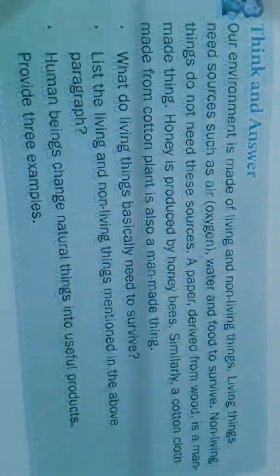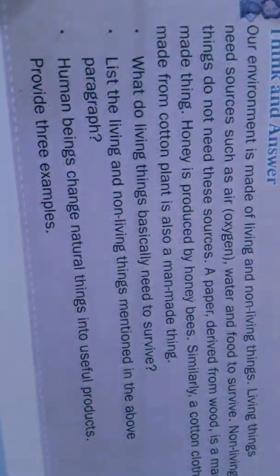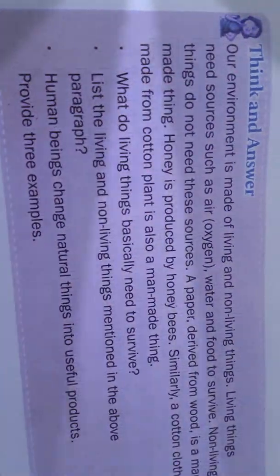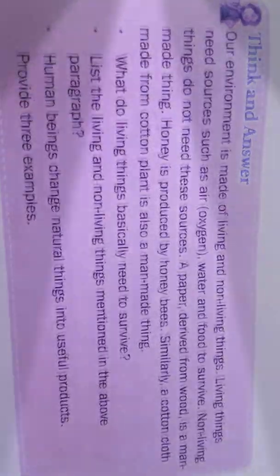Here, based on this, they ask some questions. What do living things basically need to survive? Come on, say the answer. Air, water and food. After that, you write the answers here. Second one, list the living and non-living things mentioned in the above paragraph.